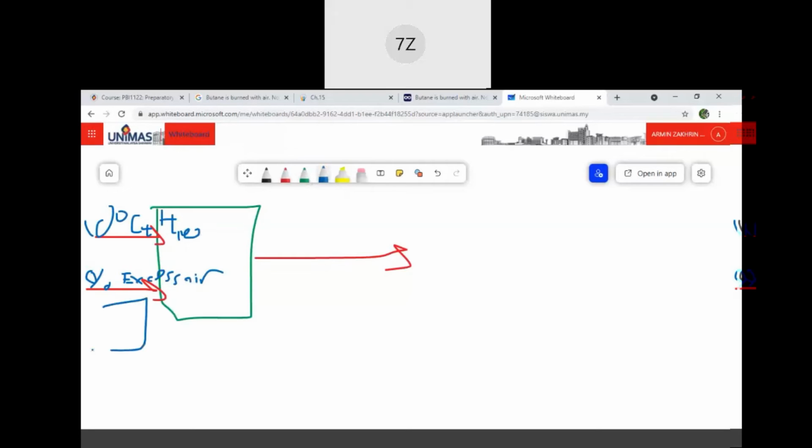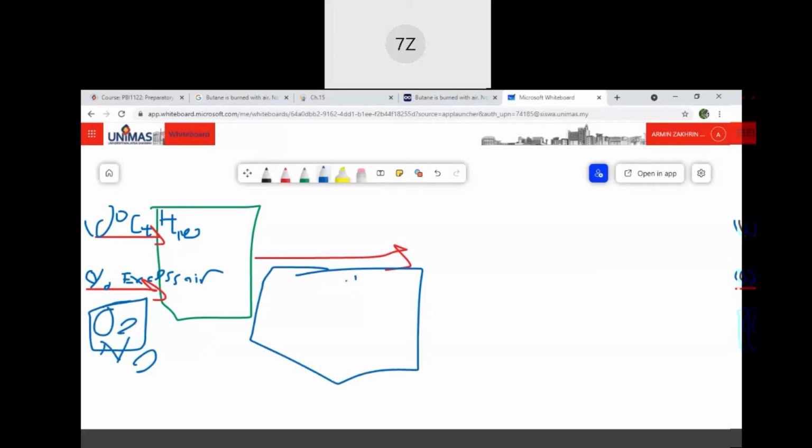And this is the composition of the inlet product before the reactor. The composition before this is the oxygen and nitrogen. The one that we need to find is the percentage of the exit product.